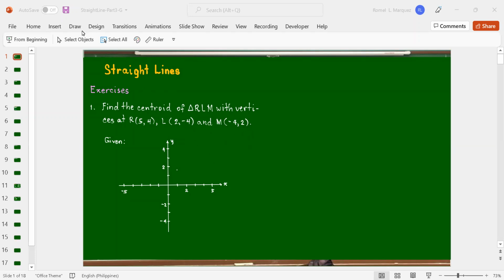Okay, first let's plot the points. So we have (5, 4). This is point R. What about point L? (2, -4). And then finally we have (-4, 2).